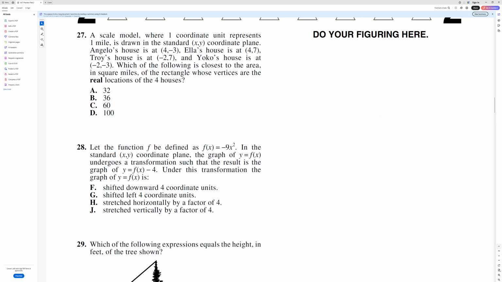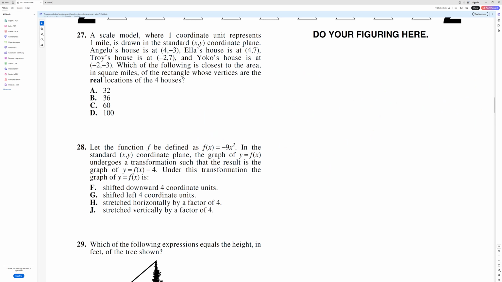Let's do 29. Okay, we have the height right here. And we have an angle here, angle 40. Opposite the angle 40 is the height. So opposite over the one that connects the angle to the right angle, which is the adjacent.